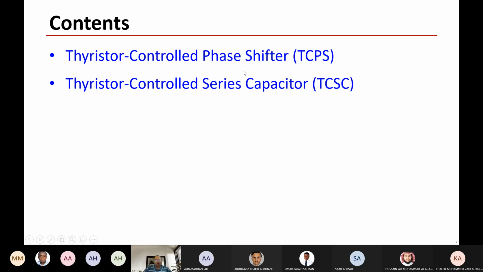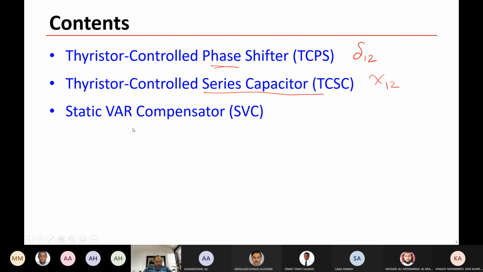We have a thyristor controlled phase shifter, which will affect the angle delta. It plays with the phase or power angle. Thyristor controlled series capacitor will play with X12; it can modulate X12. And the static VAR compensator, which is shunt compensation, can play with the voltage.